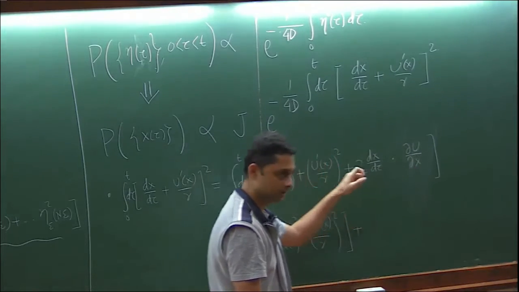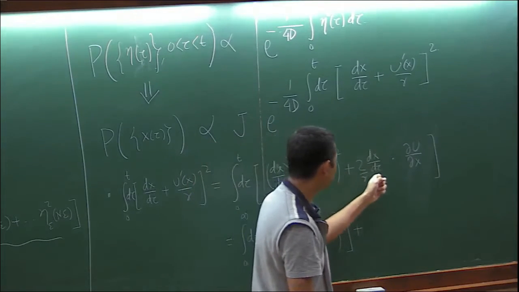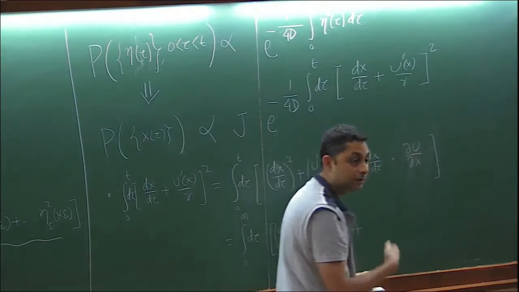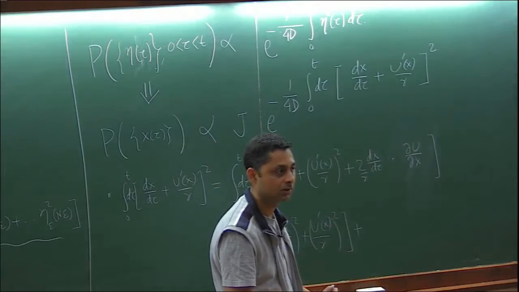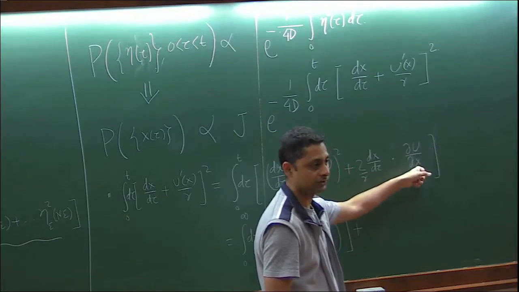I can just write this as d by d tau of u of x of tau, because u is a function of tau through x.